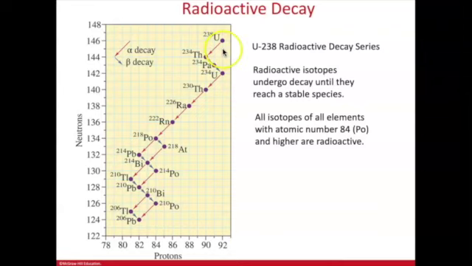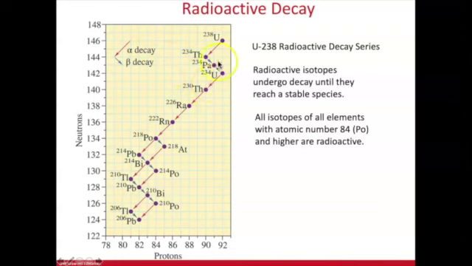So this is a 14-step decay series. That's what's shown here. What happens is uranium-238 decays over many years. Each red arrow is kicking out an alpha particle, and each blue arrow is kicking out a beta particle. So each step is one decay, a release of radioactivity, either alpha or beta.